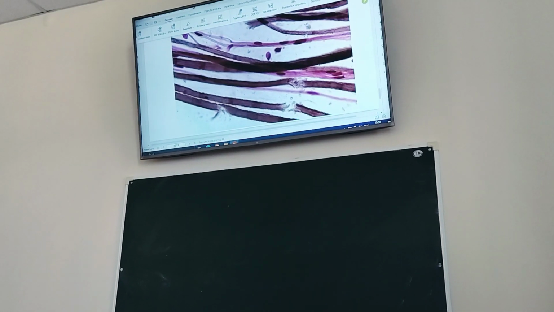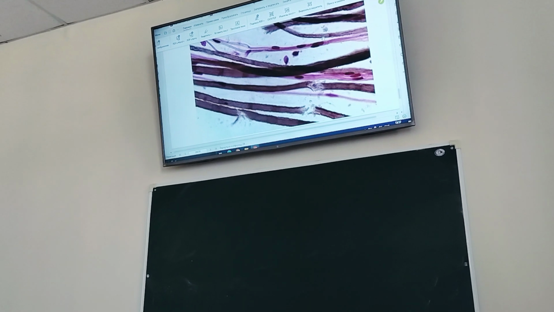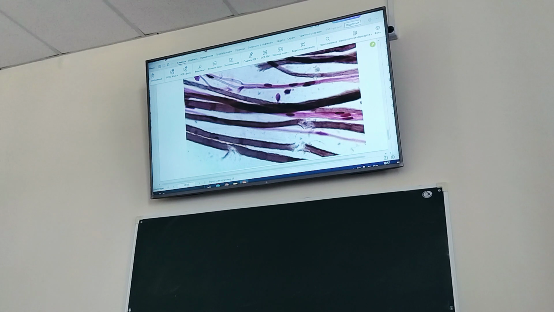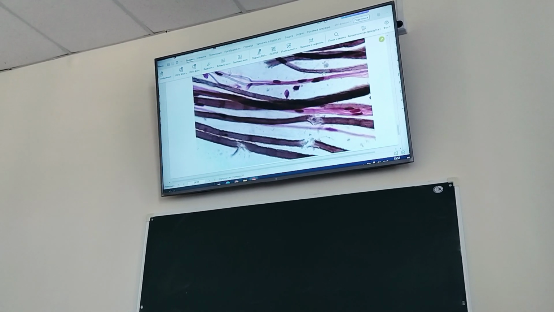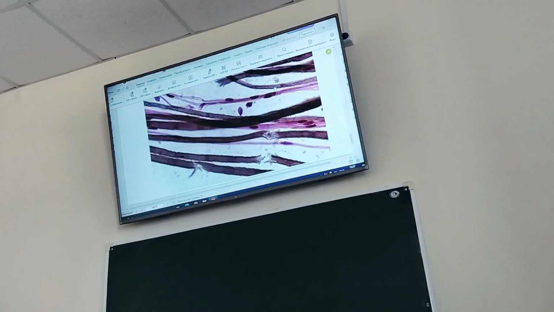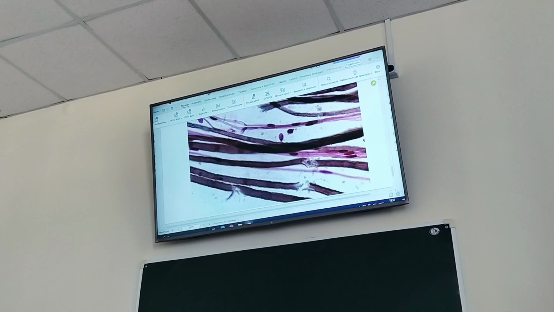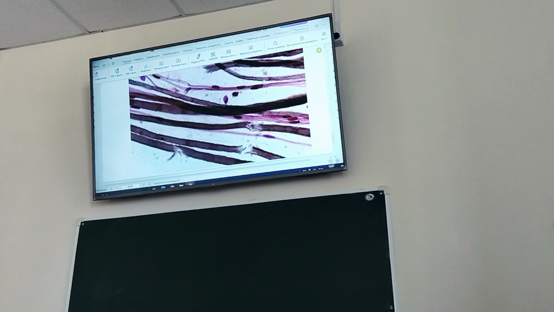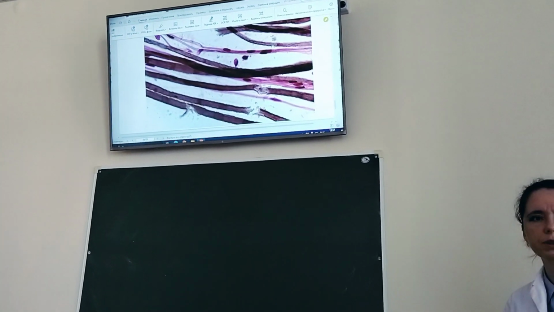These are myelinated fibers. I will include only myelinated fibers, because unmyelinated ones are not well distinguishable from, sometimes, tendon. So only myelinated fibers will be included. Here it's better to start with the specific stain. These are myelinated fibers taken from a peripheral nerve, a split peripheral nerve.